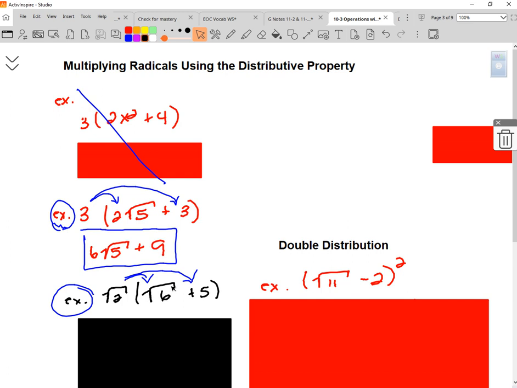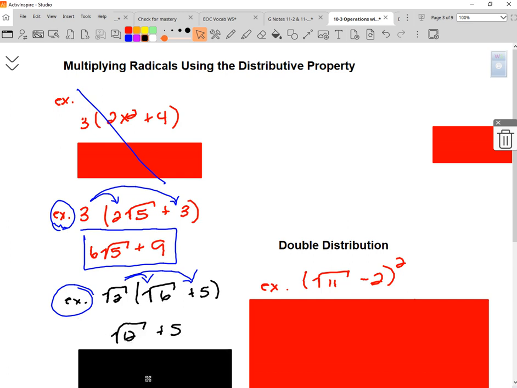Square root of 12. And the square root of 2 times 5? I'm sorry. Square root of 2 times 5, not the square root of 5. So that's the difference here. There's no square root here. It's just 5 square root 2, right? I confused you guys. So the square root of 12 plus 5, is that my final answer, do you think?